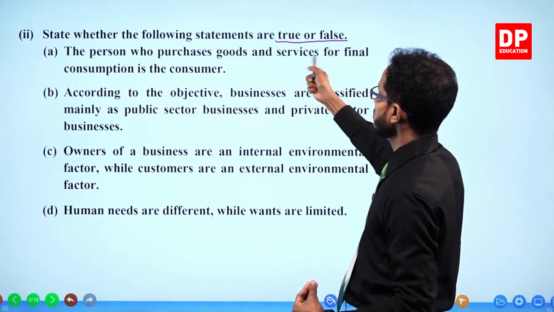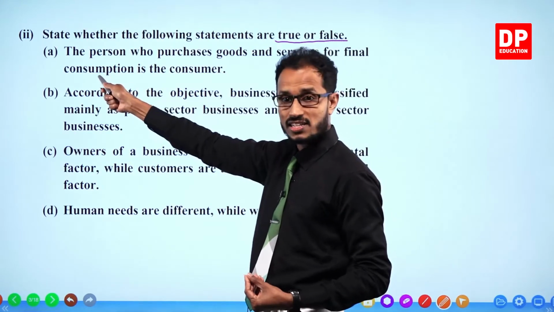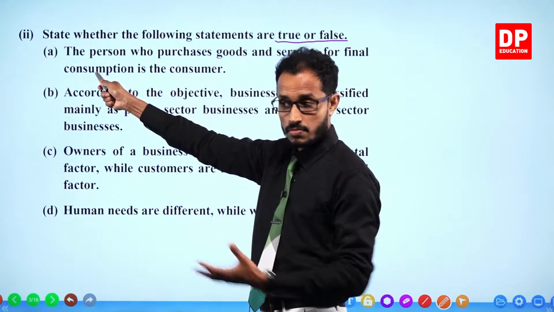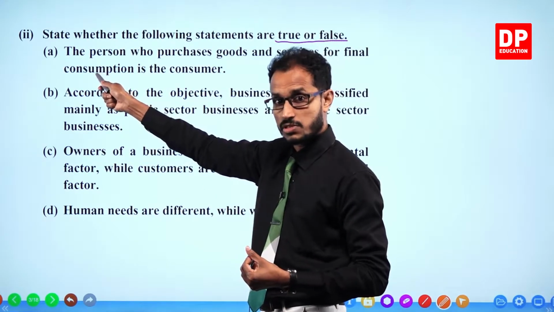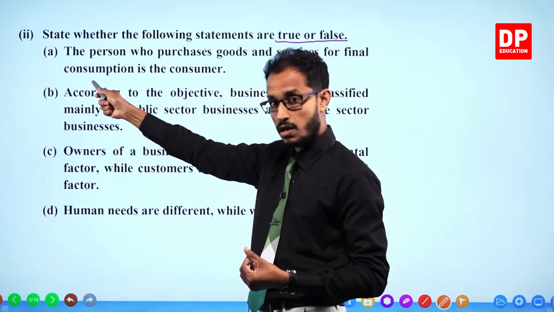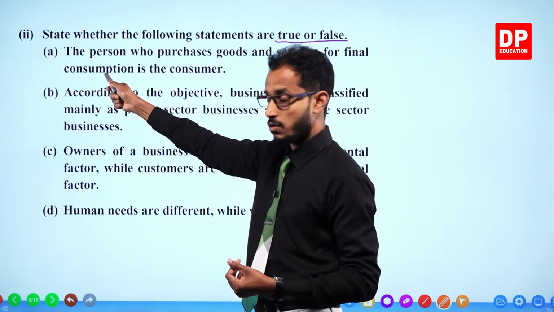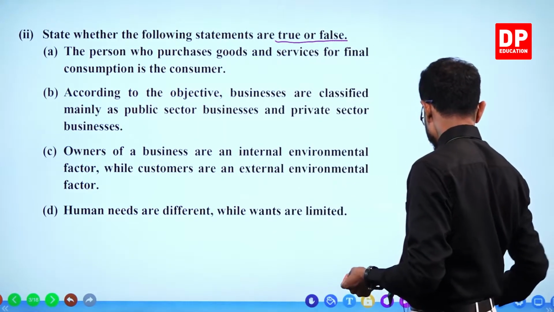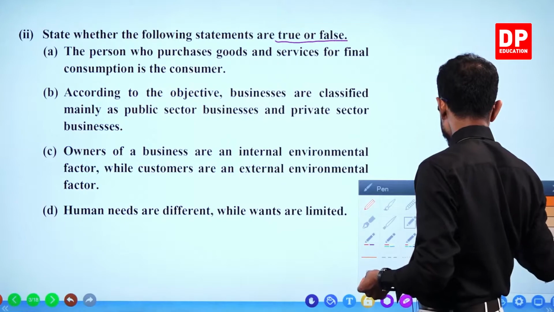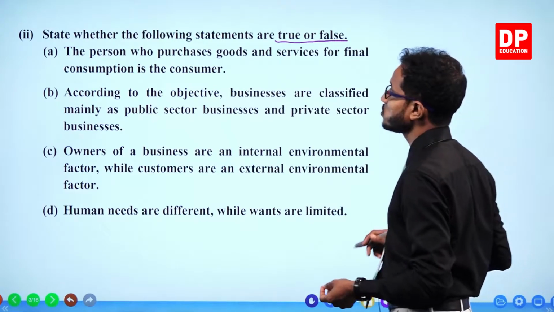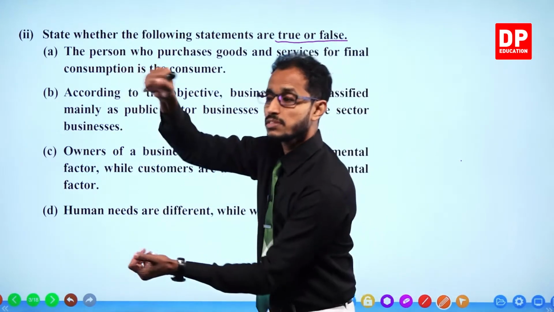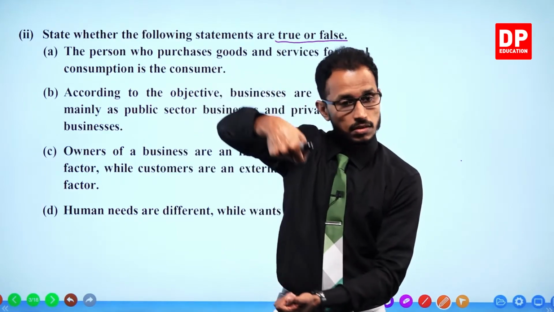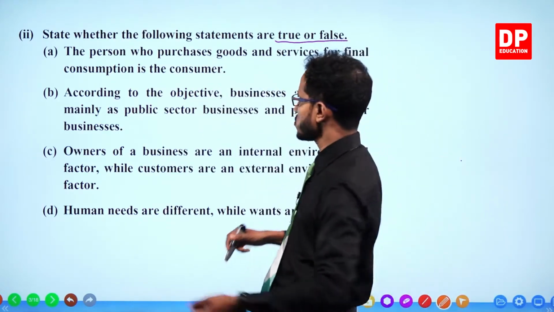So purchasing goods and services for final consumption. That is final consumption. I explained final consumption. Alright. Final consumption is the consumer. So that person is called consumer. The guy who takes the goods, buys the goods for his final consumption. Yes, true.